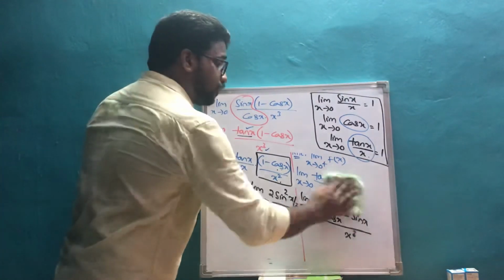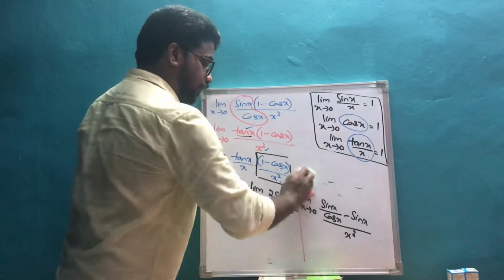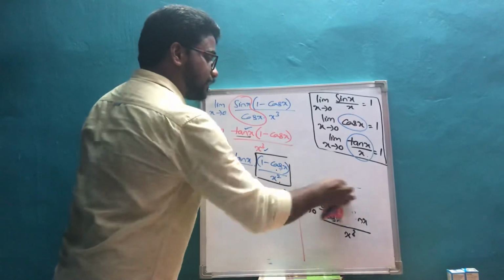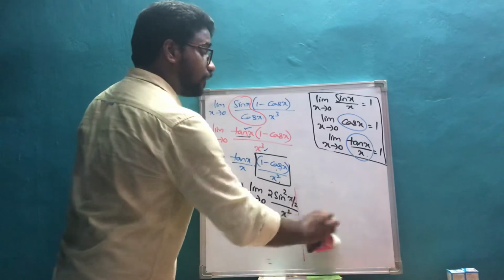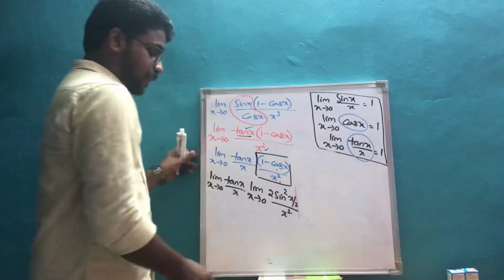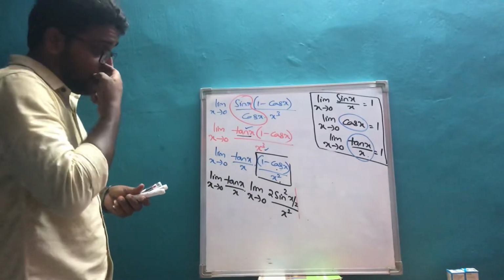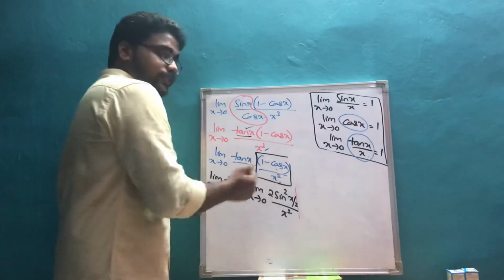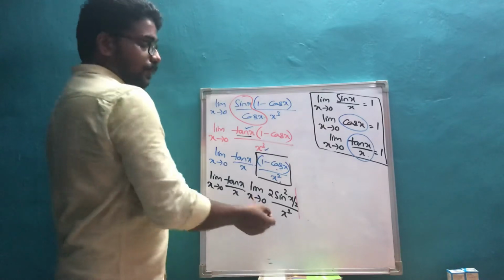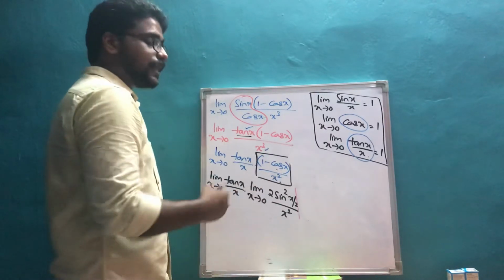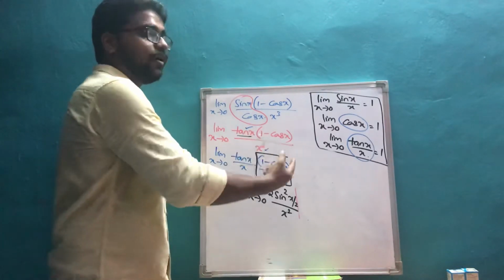You just have to think from the formulation's point of view whether it exists in the standard form or not. If this is not the standard form, what formulation do I have to use? I'm just repeating again: this is a cos x function. With respect to cos x, I don't have any denominator, but here I have a denominator, which means I have to make use of another formula here.